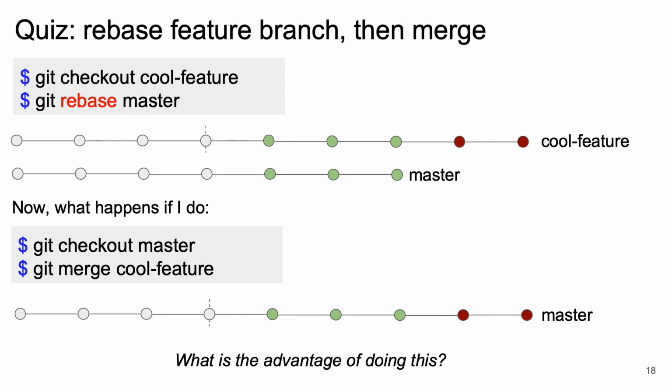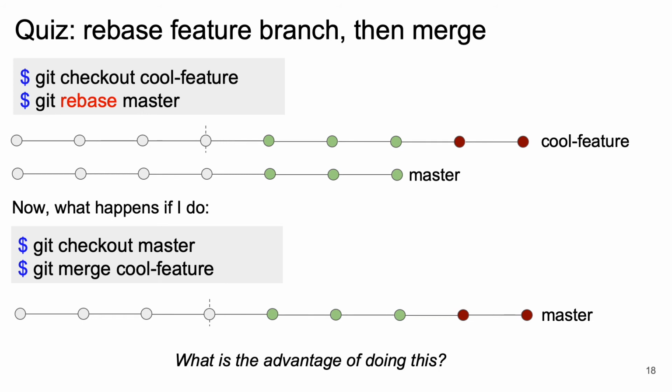And this person who's doing the merging cannot resolve all the conflicts for all the people who are making these contributions. So by doing the rebase, you are shifting the burden of resolving the conflict from the person who is maintaining the master branch to the person who is maintaining the cool feature branch. Okay, that's the first advantage.